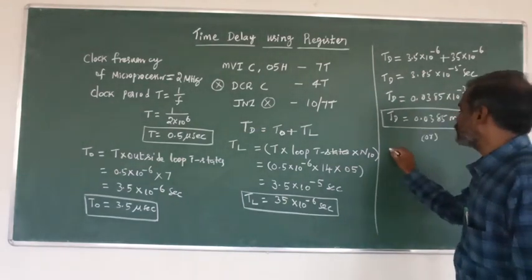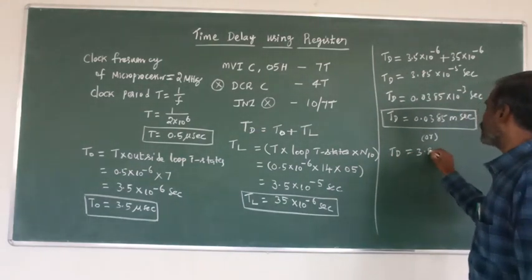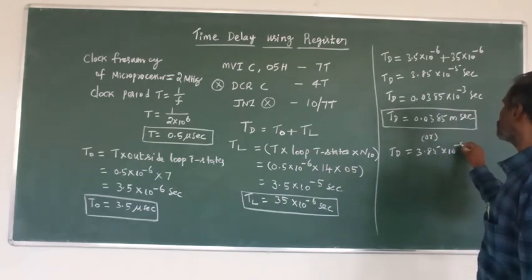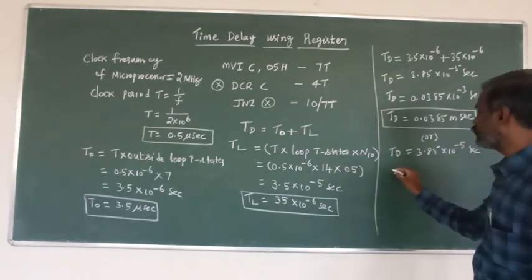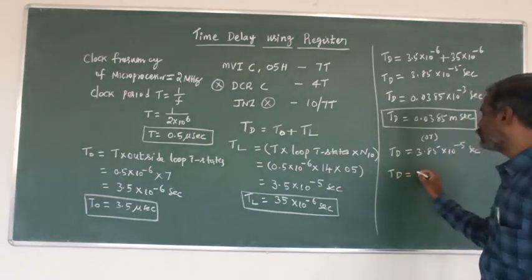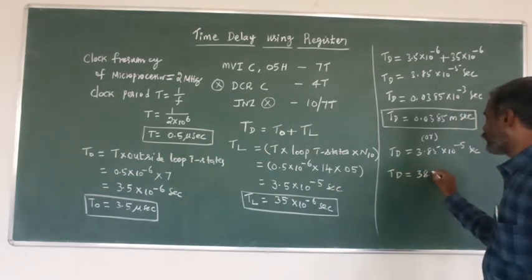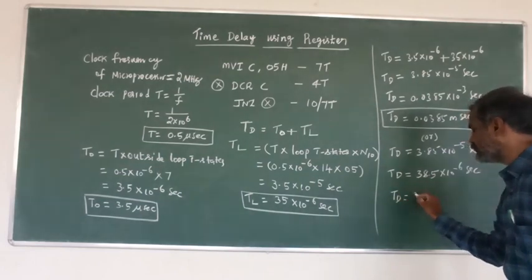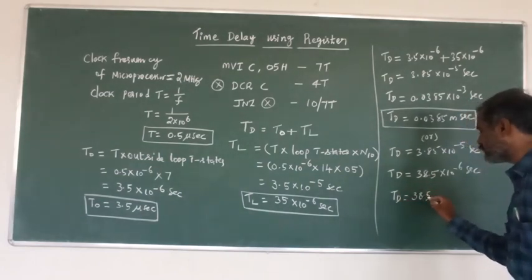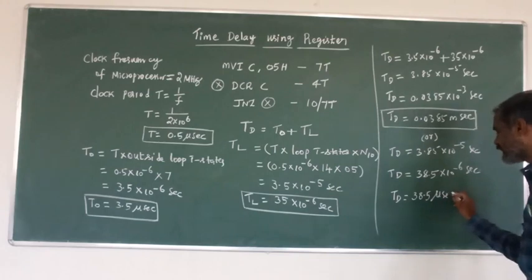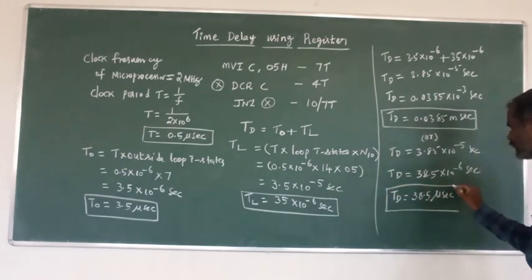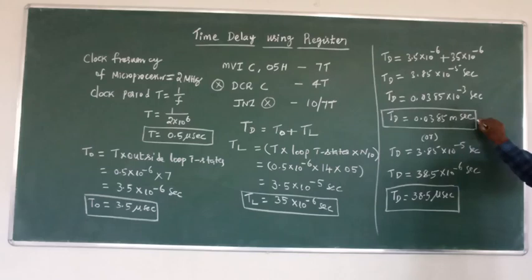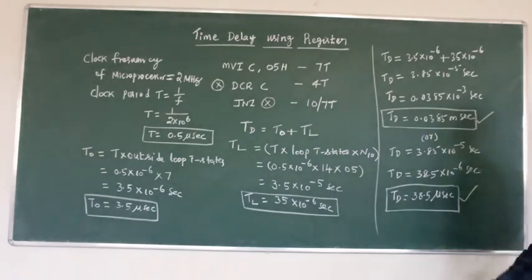Or we can convert into microseconds. Here TD equals 3.85 into 10 to the power of minus 5 seconds. Now to convert into micro, 38.5 into 10 to the power of minus 6 seconds. Now TD equals 38.5 microseconds. Either we can convert into milliseconds or microseconds.